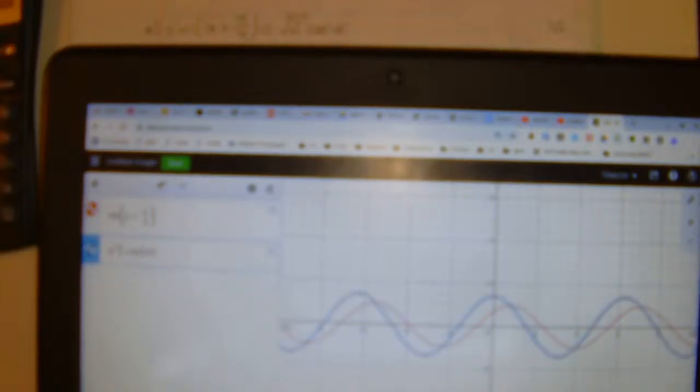One way to think about this solving is that we are literally looking for the place where the graph of sine x plus pi by 4 intersects with the graph of square root 2 cosine of x. So we want to know, where do these two graphs intersect between 0 and 2 pi, which is here.